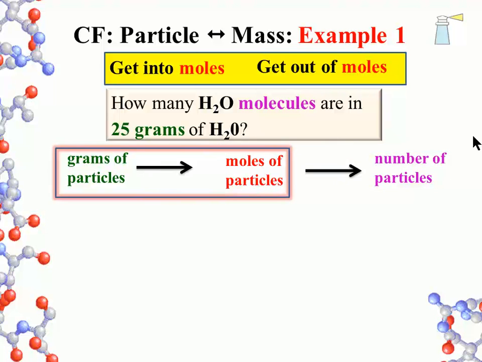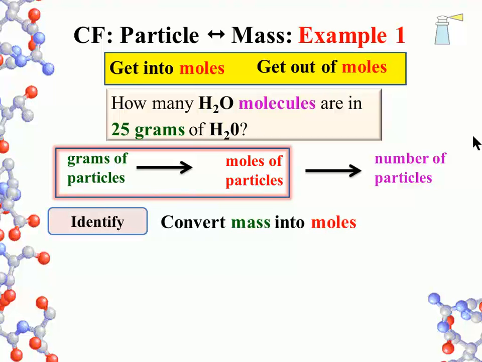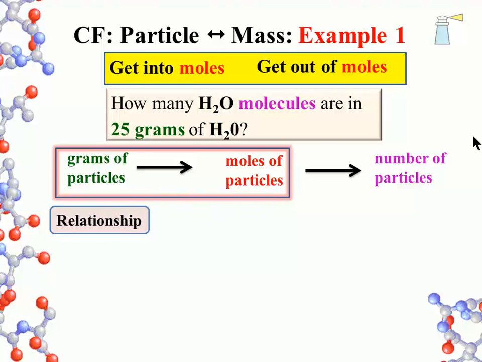Starting with the first conversion, and using the same steps that we used earlier in the lecture. Identify the type of conversion. It is mass, 25 grams, converted into moles of particles, molecules. The relationship between mass and moles of particles is the molecular weight of H2O. 1 mole of H2O is 18.02 grams of H2O.